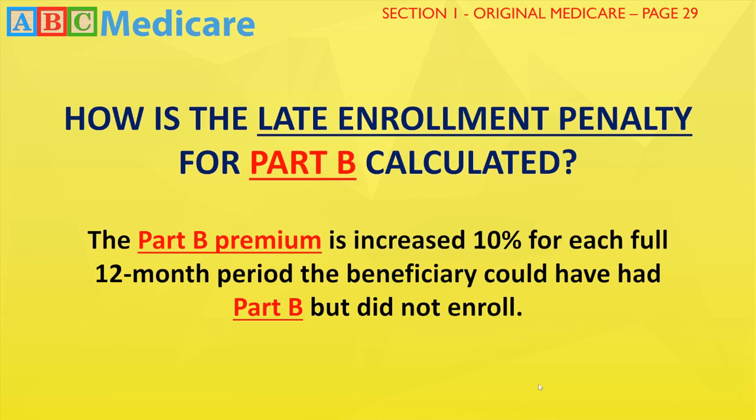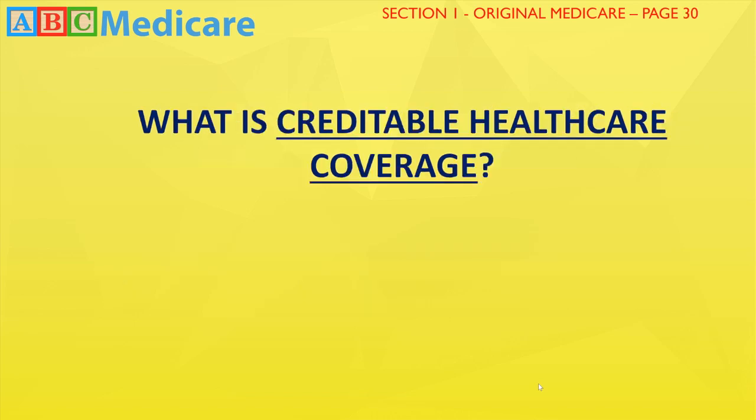So they've gone for 5 full years. They're going to pay a 50% penalty for the rest of their life, and the only way we can get that eliminated for people is if they qualify for the Medicare Savings Program, which would pay their Part B premium and the penalty also.